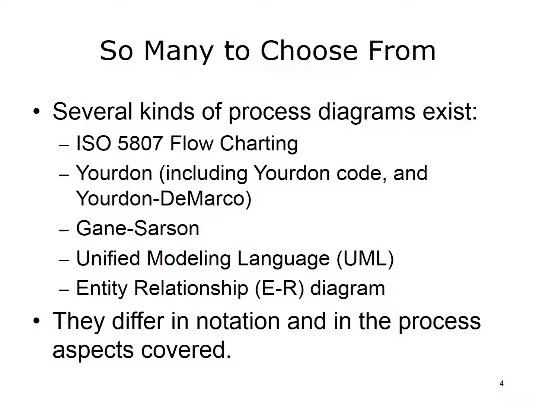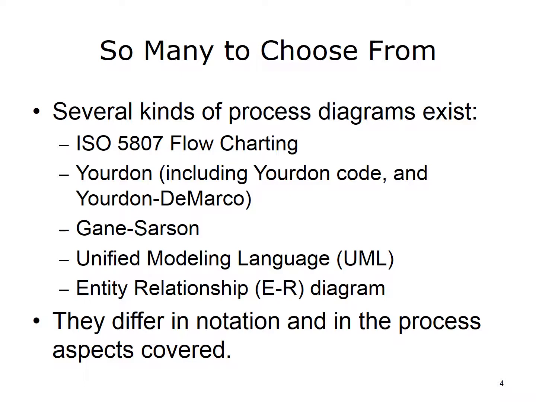The types of diagrams covered in this unit include ISO 5807 information processing diagrams, the same symbols used for flowcharting, URDON notation for data flow diagrams, Gain-Sarson notation for data flow diagrams, Unified Modeling Language, UML, that represents several different aspects of processes, and Entity Relationship, ER diagrams that concentrate solely on information content. We will review the process aspects that each diagram covers and show an example of each type of diagram.